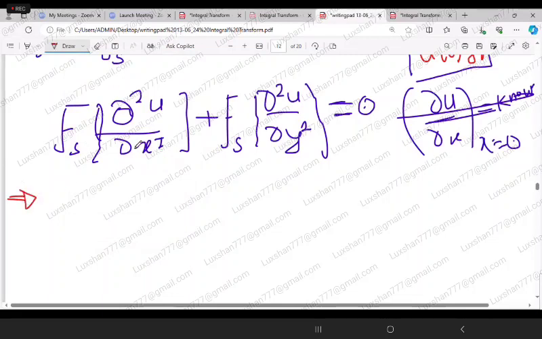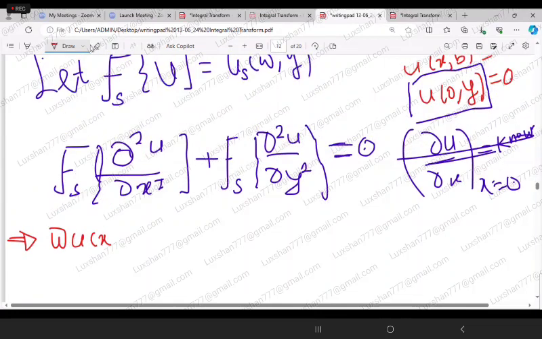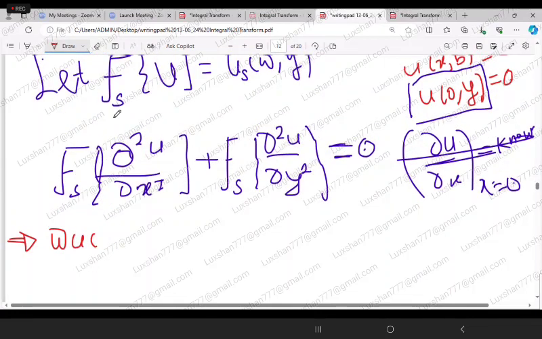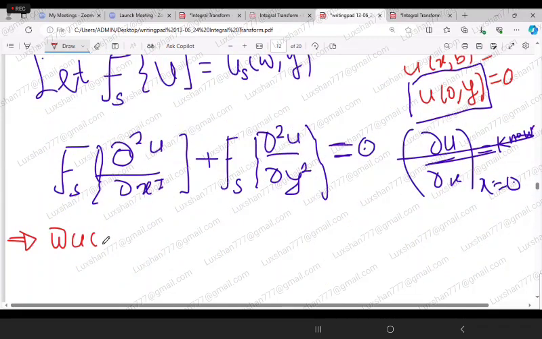We studied this. That is equal to what? ω u(0, y) minus ω² u bar s. Where is it coming from?